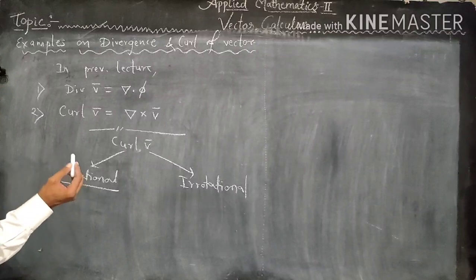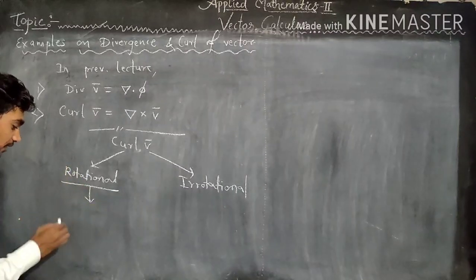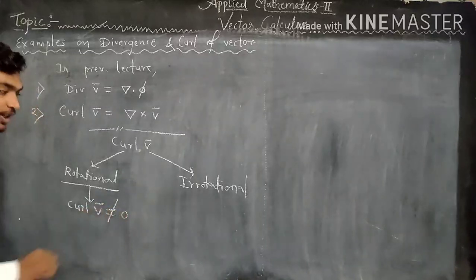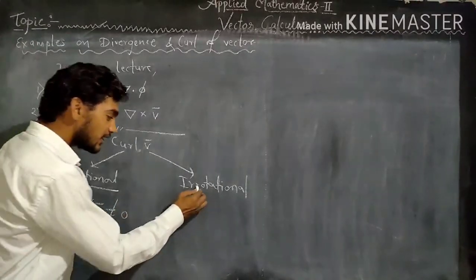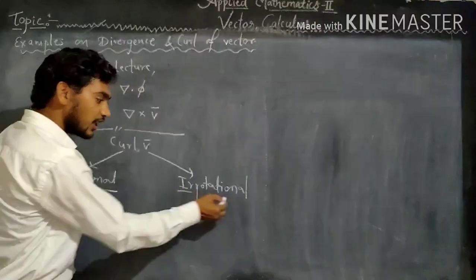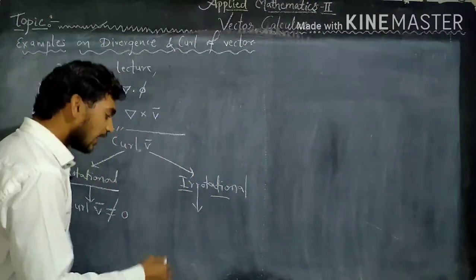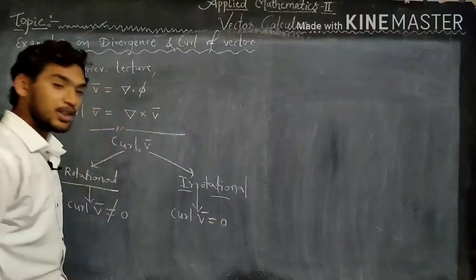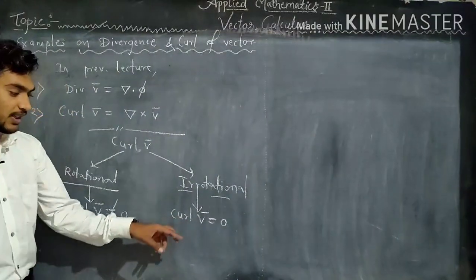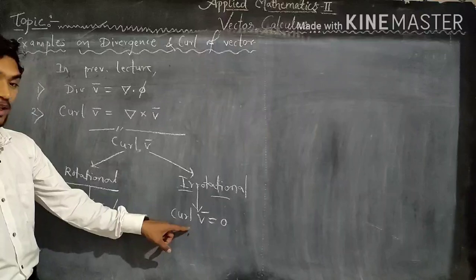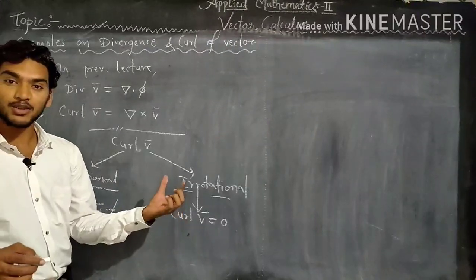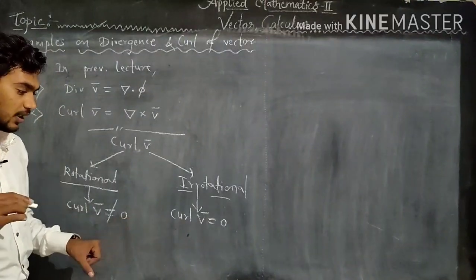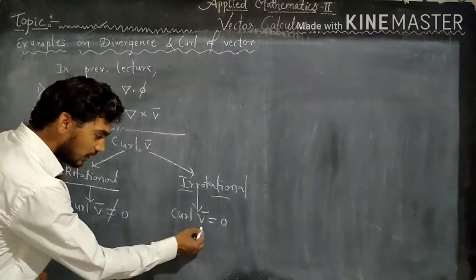Any vector field is said to be rotational if curl of that vector v is non-zero, and the vector field is said to be irrotational, that is not rotating, if curl of vector v is 0. That is, we can easily identify whether the vector field is rotating or not by just finding the curl of vector.